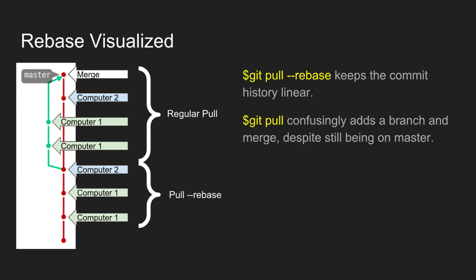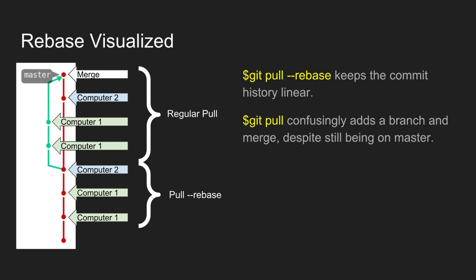Git pull rebase basically makes it look like those changes were on your local branch the whole time. It doesn't merge them on, it just slides them onto your branch stealthily. It also works a lot like stash pop, where it puts on the remote changes and then your local changes on top of that.